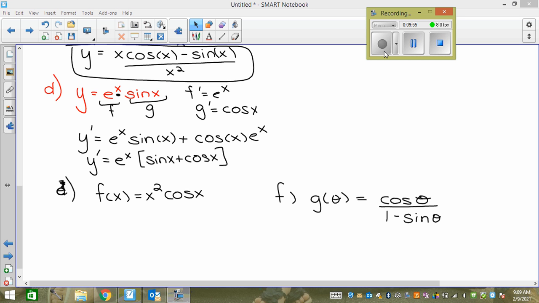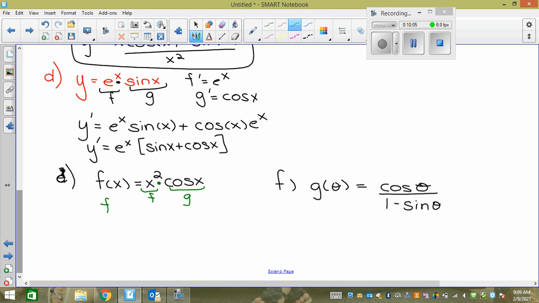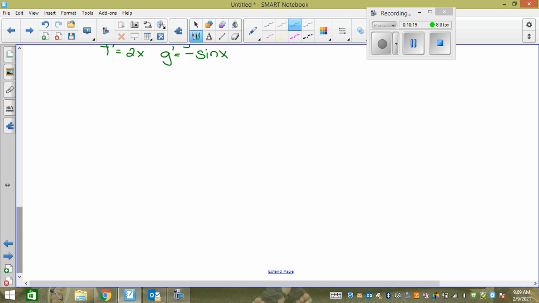So this one is product rule, and I always put the dot in between so I remind myself that it's product rule. So this is f, this is g, f prime is 2x, g prime is negative sine x, because when you take the derivative of anything with a c, your derivative is negative, right? So the moment we take it with the cos, your answer is going to be negative.